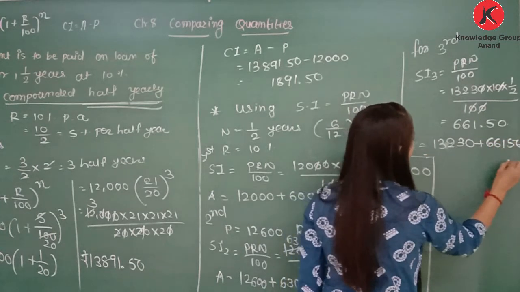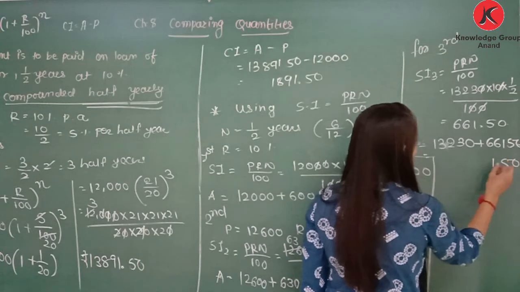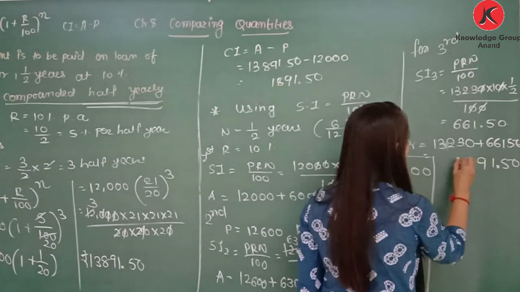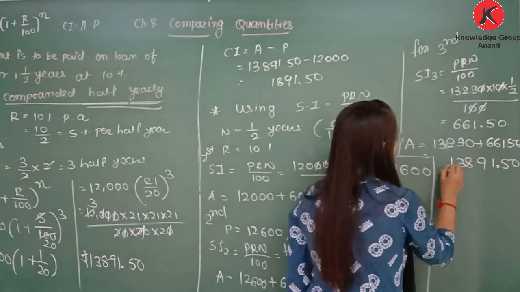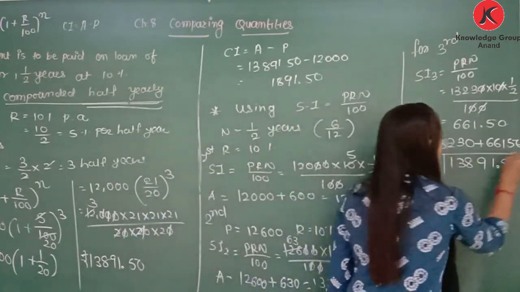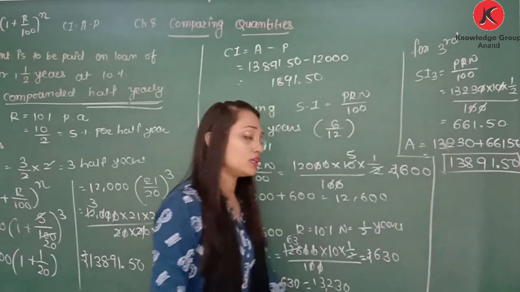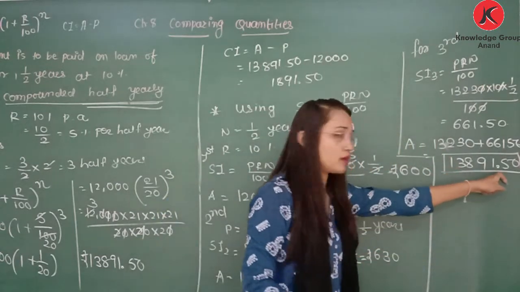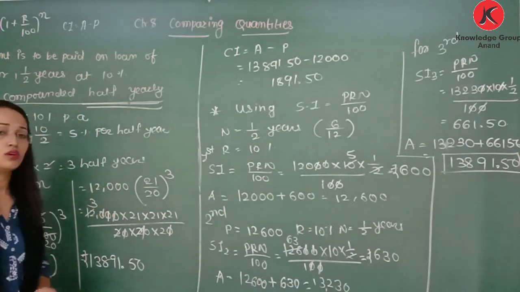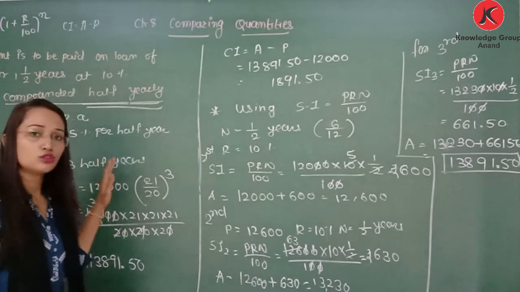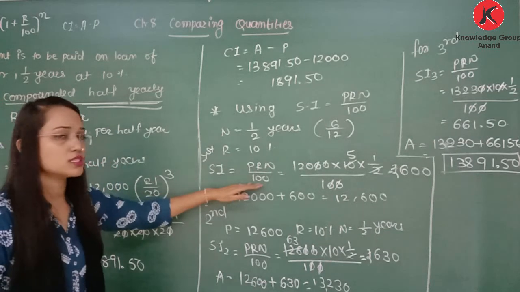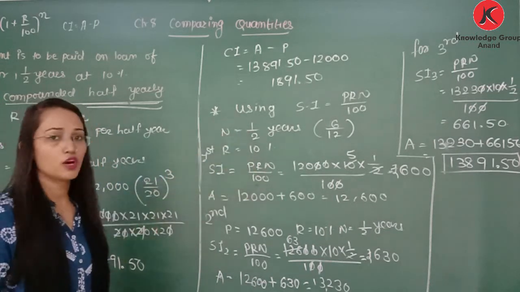So it is 13,891.50. You can see if we use this method, then it is 13,891.50, and if you use the direct equation, then it is also the same. So you need to use this method when you need to solve the example, but you can check your answer by using the equation for simple interest.